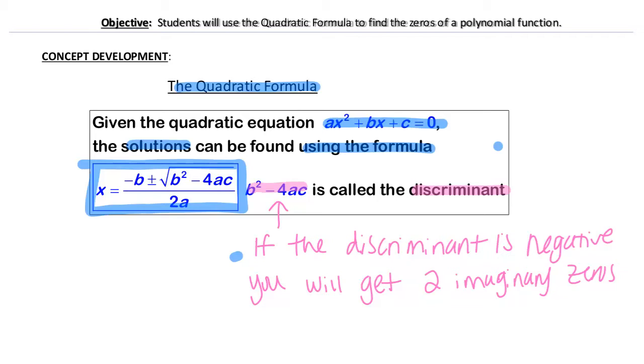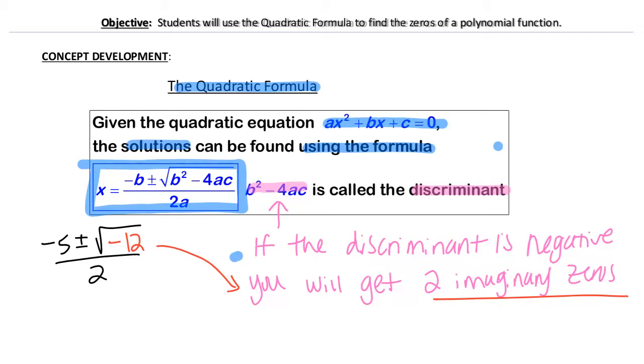You cannot have a square root of a negative. So let's say for my formula, I end up getting negative 5 plus or minus the square root of negative 12 all over 2. I cannot have a square root of a negative. This is going to give you 2 imaginary zeros because of this negative right here. You can't take a square root of a negative. That's going to give you 2 imaginary zeros.